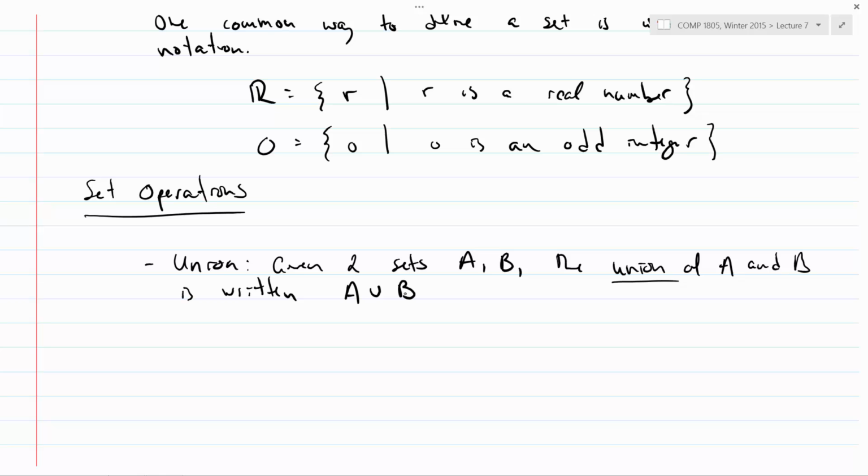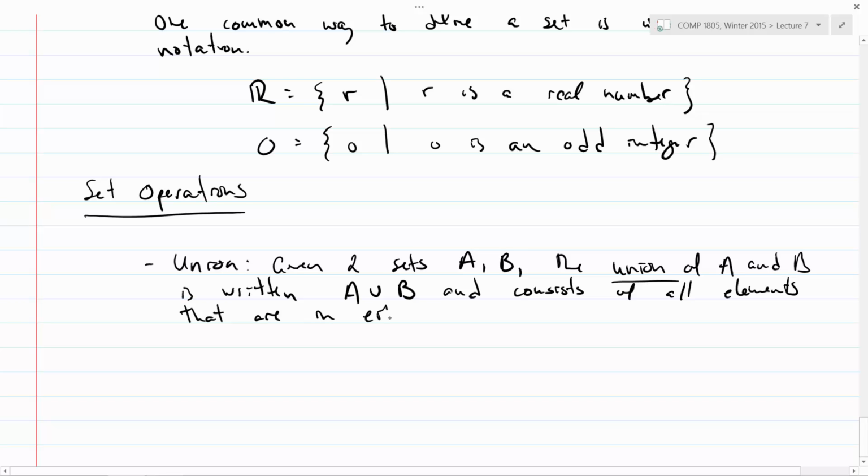And it consists of elements that are in either A or B. So either A or B or both.